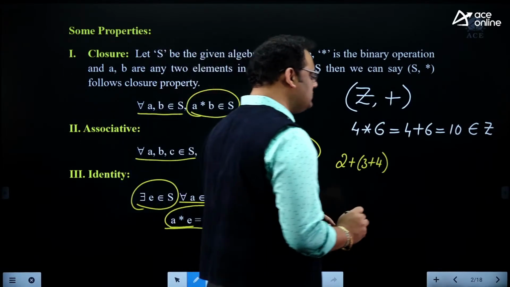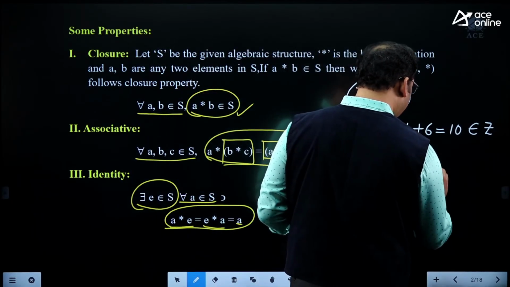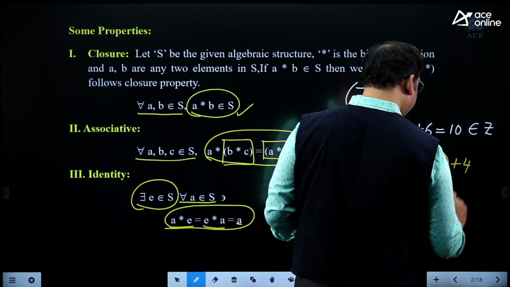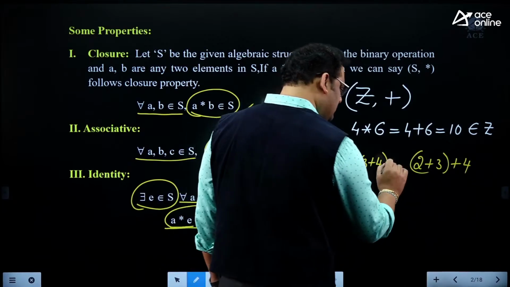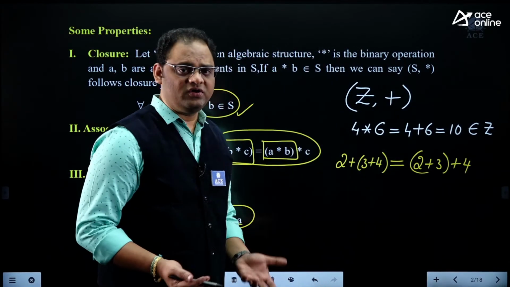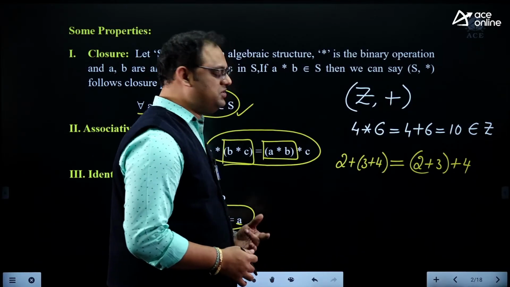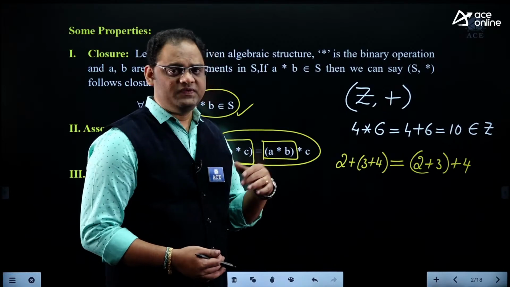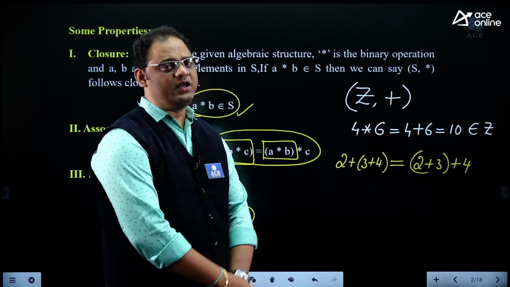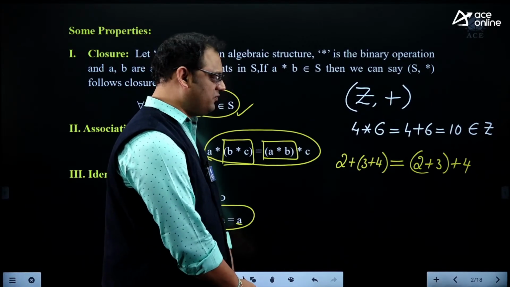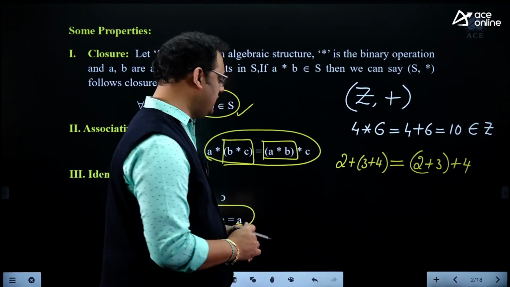So it is the same as 2 plus 3 plus 4 grouped the other way. It is not only for 2, 3, 4. You can take any set of integers, 0, -5, -7, or you can take -5, 7, 9. You can take any triplet. Definitely it has to follow that both groupings give the same answer.